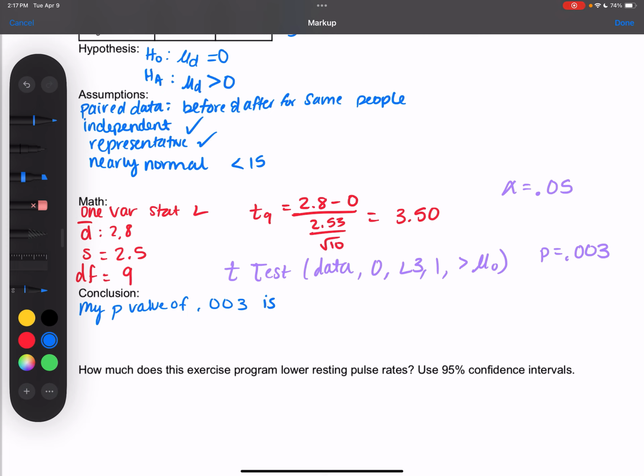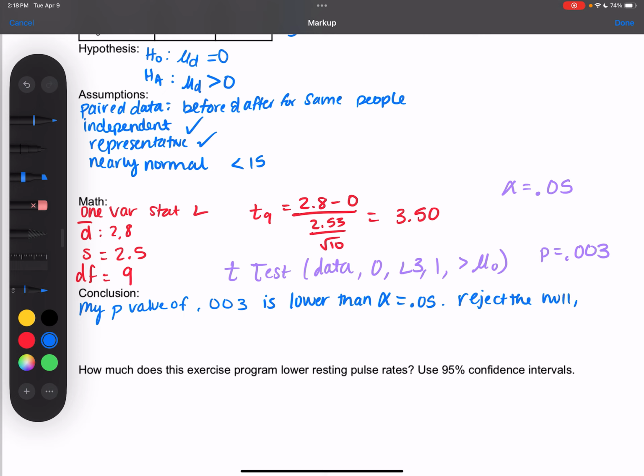It's lower than alpha, 0.05. So what does that mean? Reject the null.